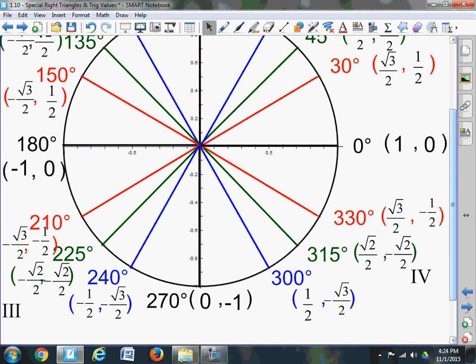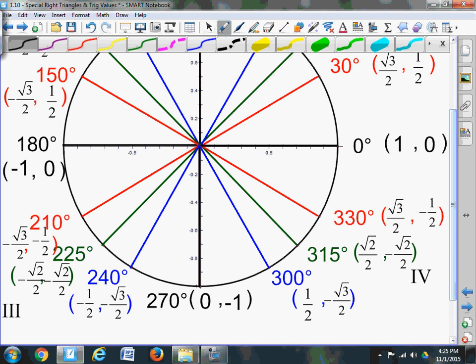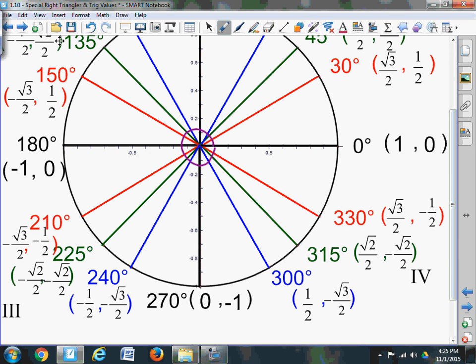The only other thing we would need to talk about is how to evaluate something that is greater than 360. So let's just say 750 degrees. Well, that would be 2 full rotations. There's 360, here's another 360, so that's 720.